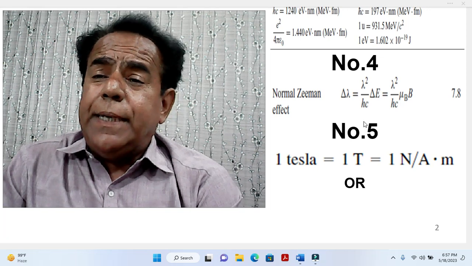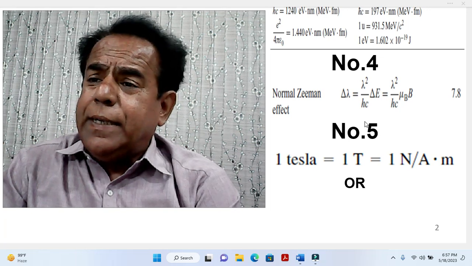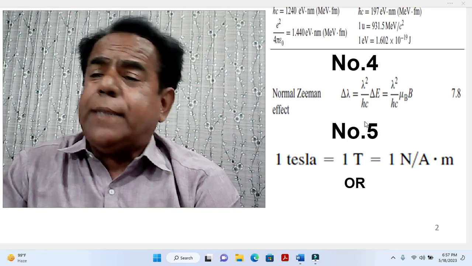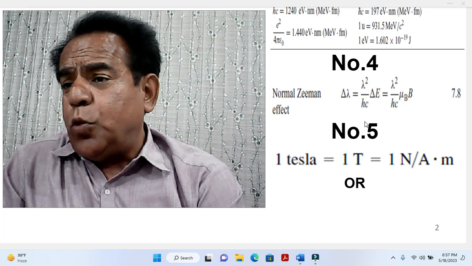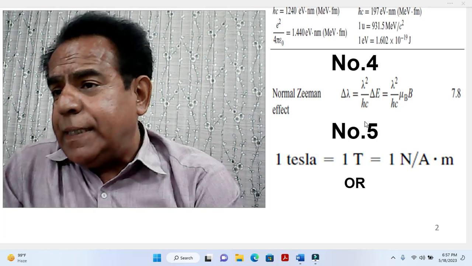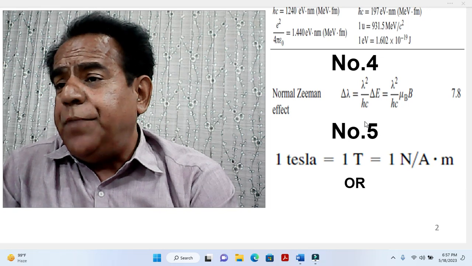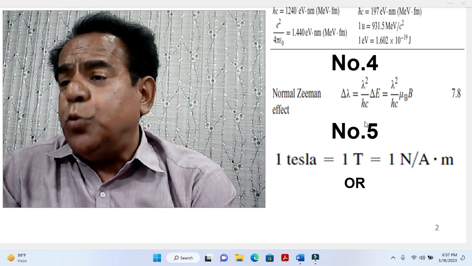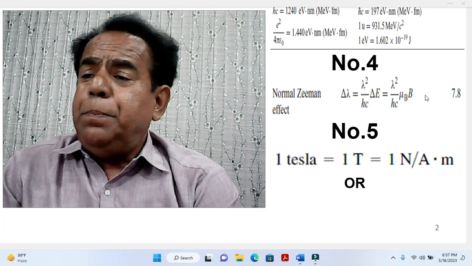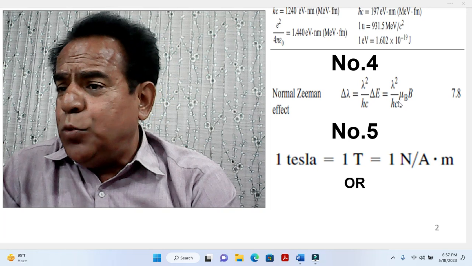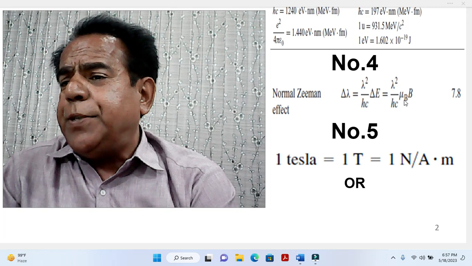We know that delta denotes change. Delta E denotes E2 minus E1, and delta lambda denotes lambda 2 minus lambda 1. This alternatively becomes equal to lambda square over HC into mu B, where B is written as a subscript of mu, multiplied with B. Here B is the magnetic field and mu subscript B is the Bohr magneton.